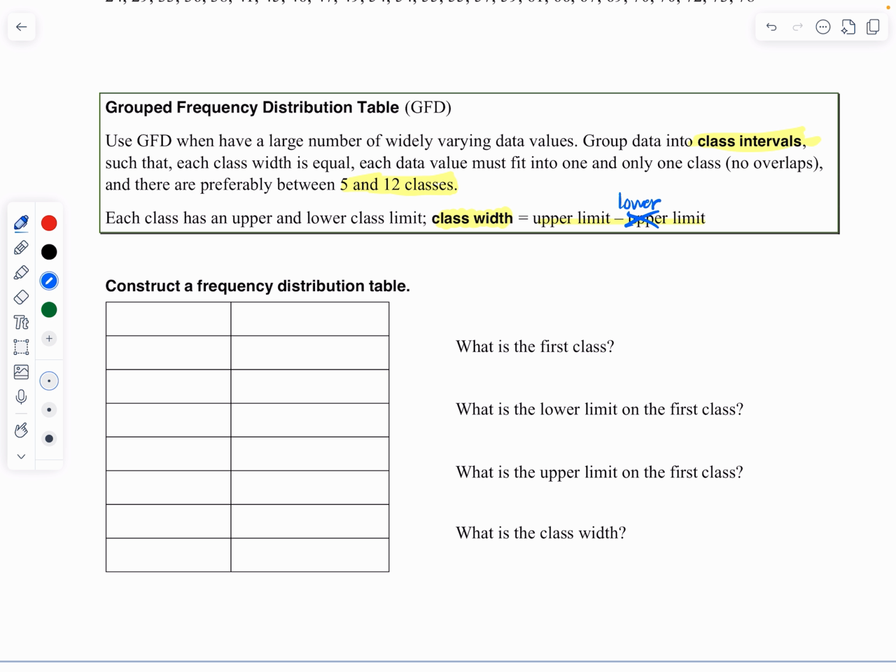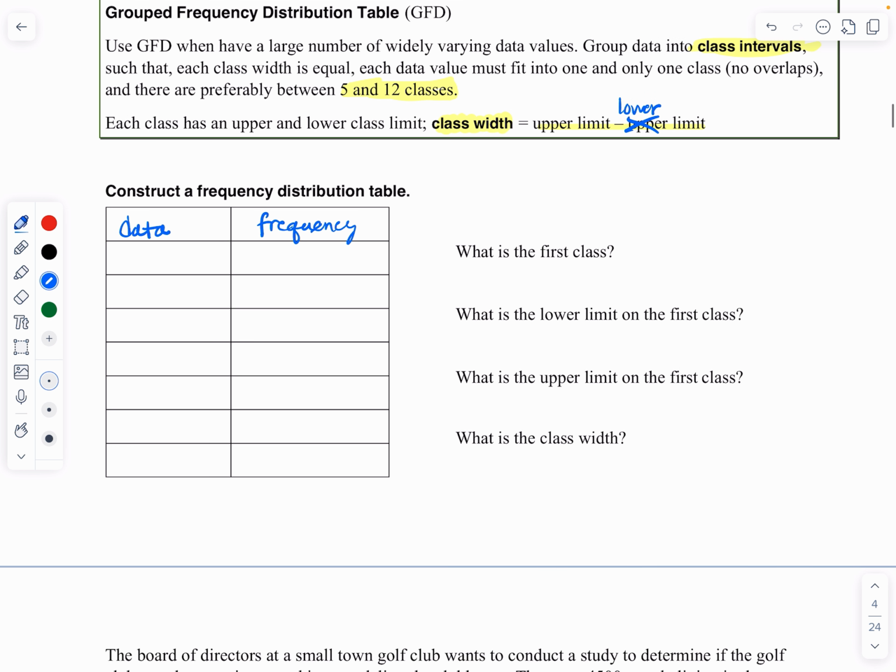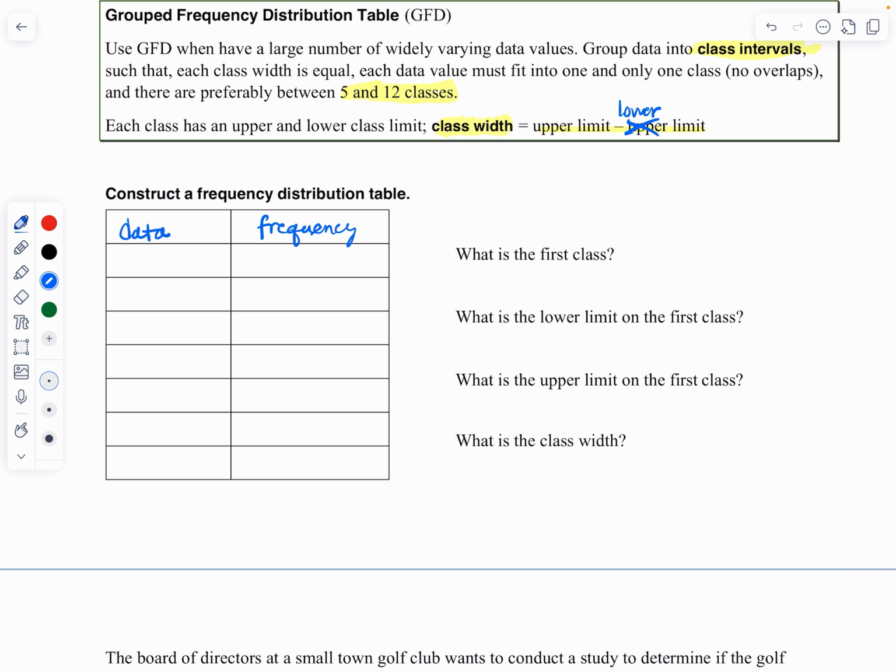All right, so construct a frequency distribution table. Okay, guys, so here's the data points. And remember, this is going to be group-wise, and then we're going to have the frequency. All right, so I used to run races, and they have people in what's called age groups. So the first age group would be something like 10 to 19, and then 20 to 29, and then 30 to 39, and then 40 to 49, 50 to 59, 60 to 69, and then 70 to 79.